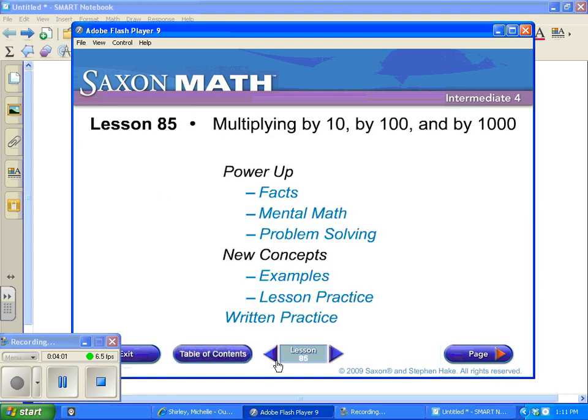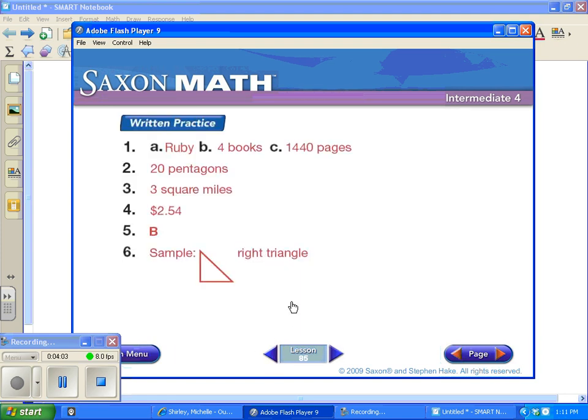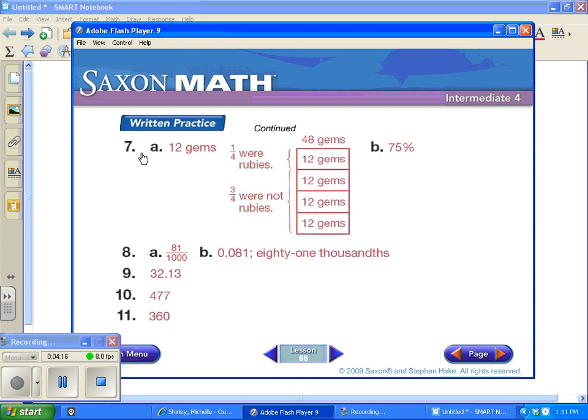Okay, let's go back to lesson 85 and check your work. And again, if you miss one, please find out what you did wrong. Hit pause as you check 1 through 6. Hit pause as you check 7 through 11.